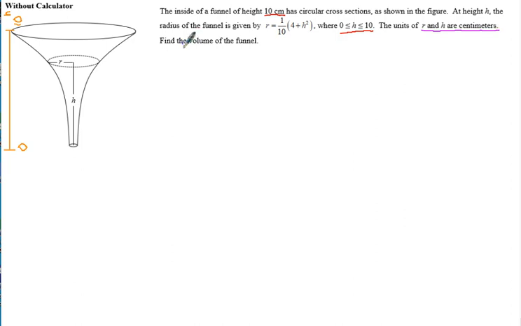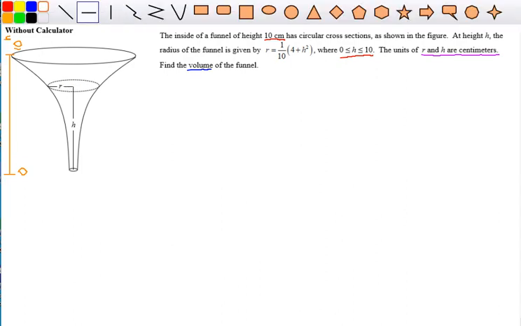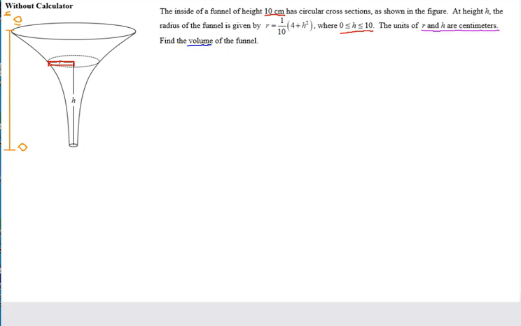So you have to think about how this funnel is created if the radius is given by this function. Visually, if we take a rectangle like this, this infinitely thin rectangle, right where that radius is, think of it sideways here: dh is the width of that.